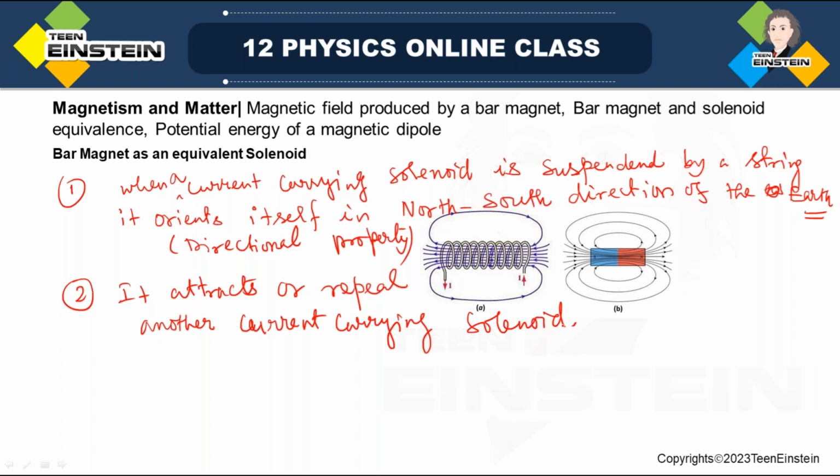See, in the case of a bar magnet, we know that like poles repel each other and unlike poles attract each other.